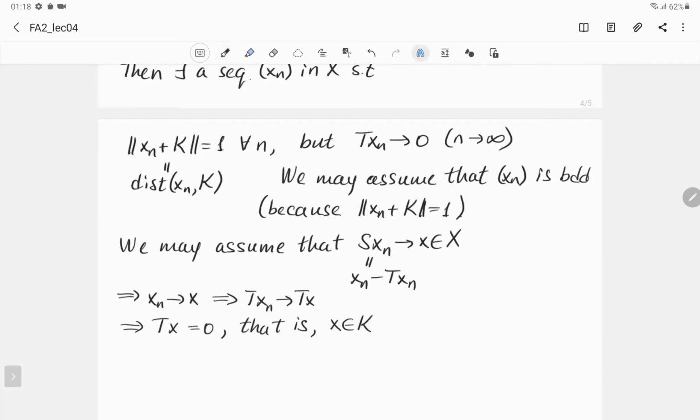And this is a contradiction, because let's recall that the distance between xn and K is 1, and xn converges to x. And this is impossible.